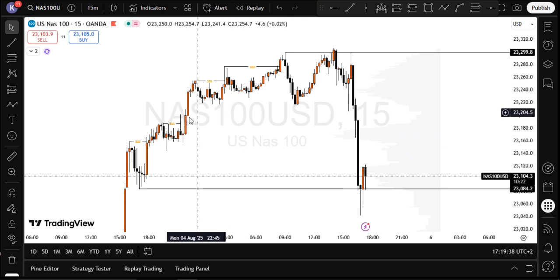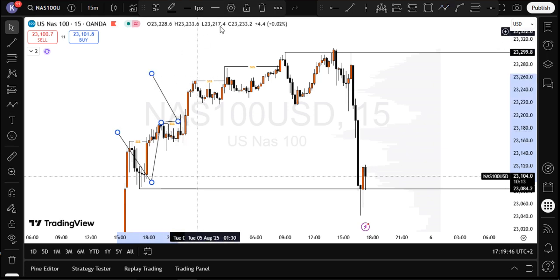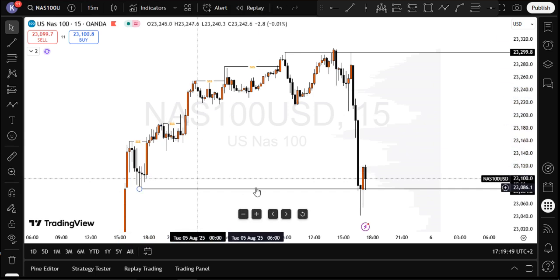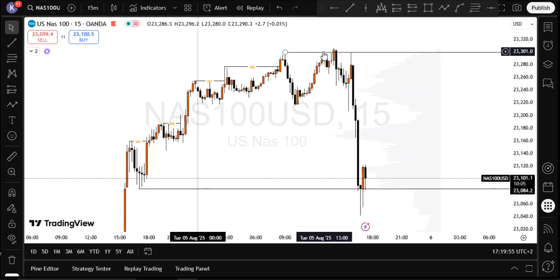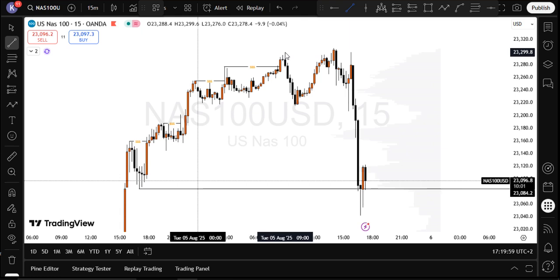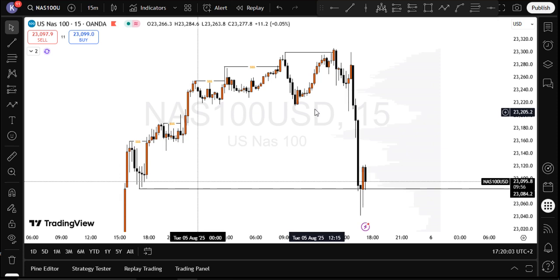We cannot say the market is a buy because we see it creating highs and breaking them, just like that. So a valid break of structure to the upside has to be a full body candlestick closing above, you understand? So now here we remove our overall high. We can see also here, this was our last liquidity sweep.